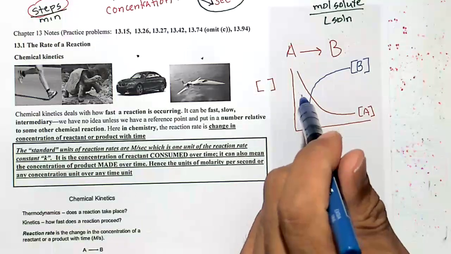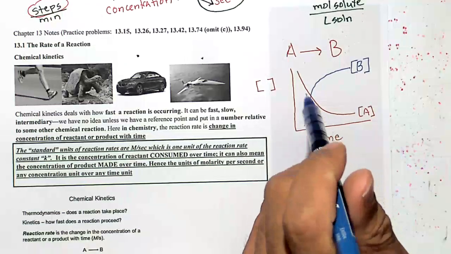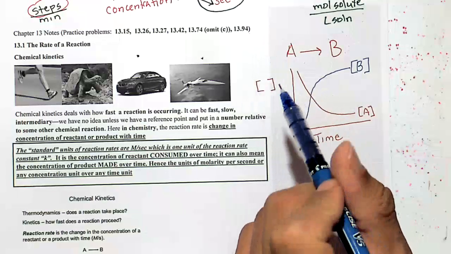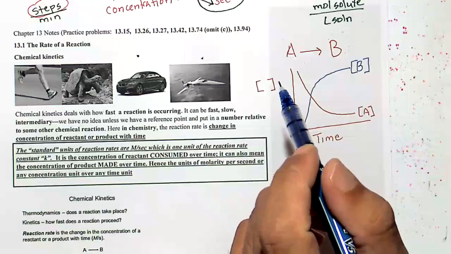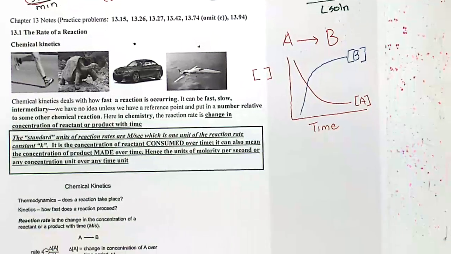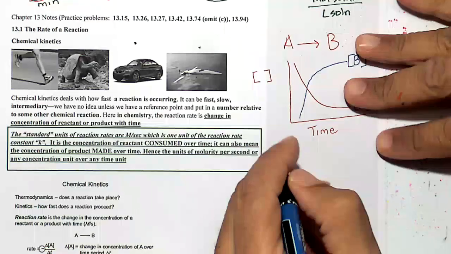All right, so we have to figure out how fast this is happening. A goes to B. Is it happening fast, slow? We can't just use the words fast or slow. We have to put some number attached to how fast this is.